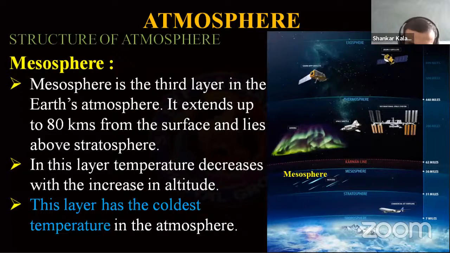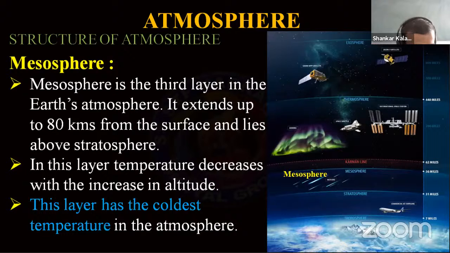Troposphere is 0 to 8 or 10, stratosphere is 10 to 50 or 15 to 50, and this mesosphere is 50 to 80 onwards. It is found there in the atmosphere.